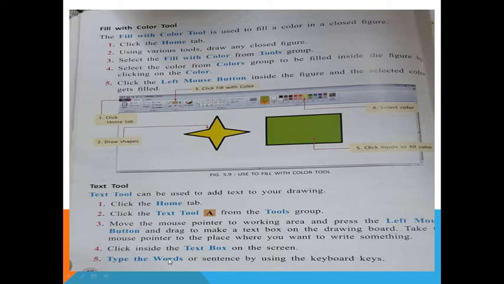Take the mouse pointer to the place where you want to write something. If you select this one, a rectangular box shape comes. Click again and the cursor changes to an I shape. Then whatever you want you can write.